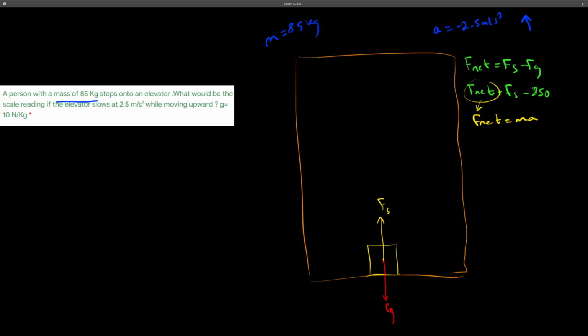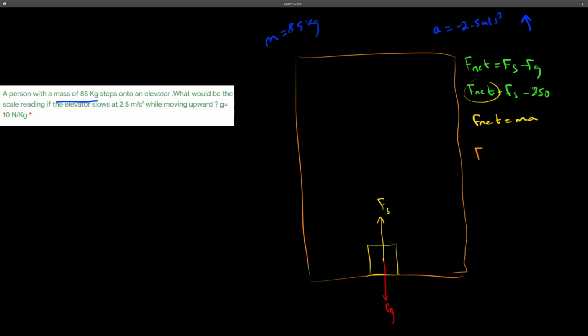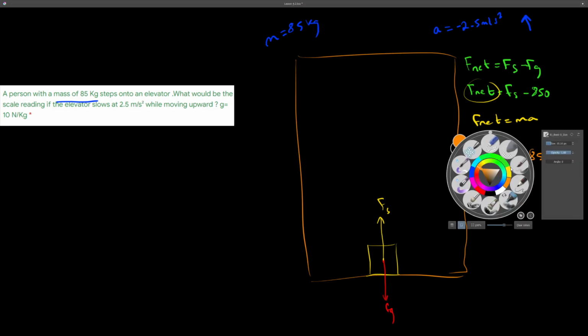Substitute this here. And we'll use the formula with acceleration of negative 2.5, so the mass is 85 times negative 2.5.